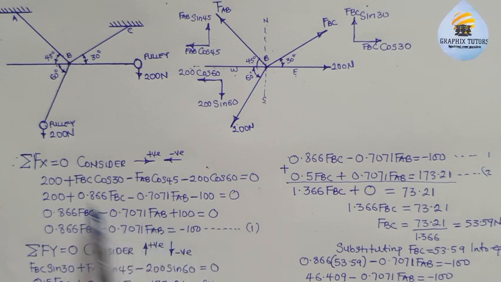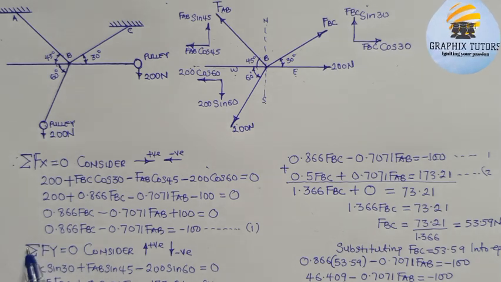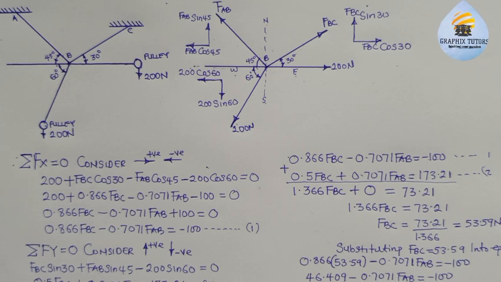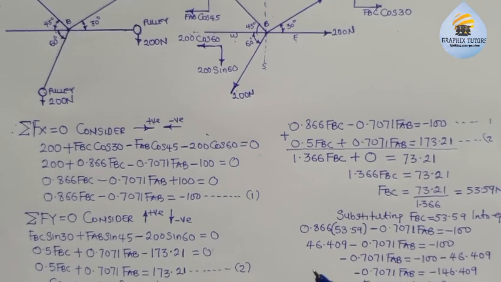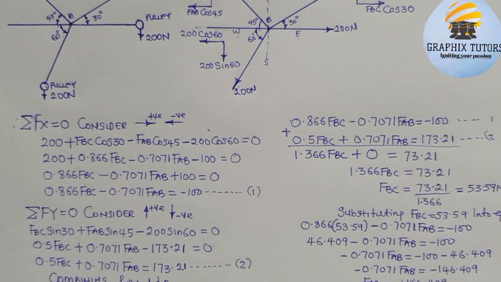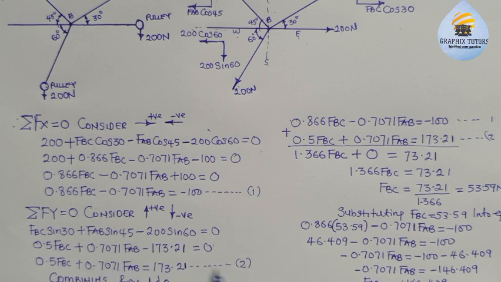That value you get will be your summation of Fx, and you do the same thing for summation of Fy: you put the values of FBC and FAB in equation 2, and you get the total value of summation Fy.